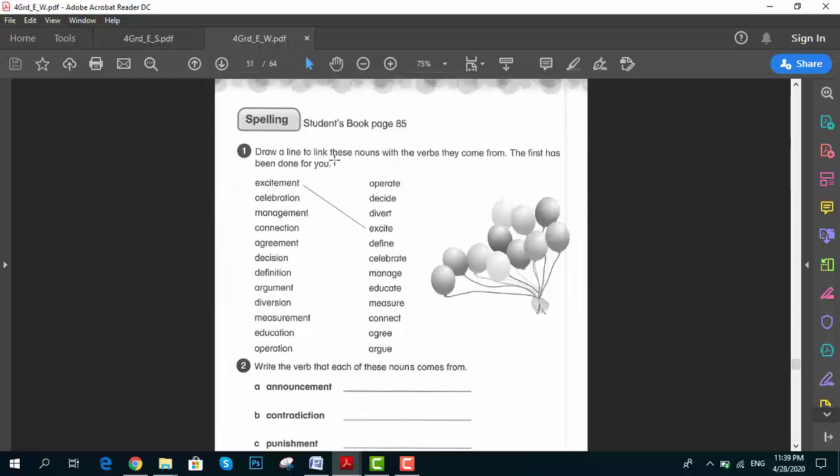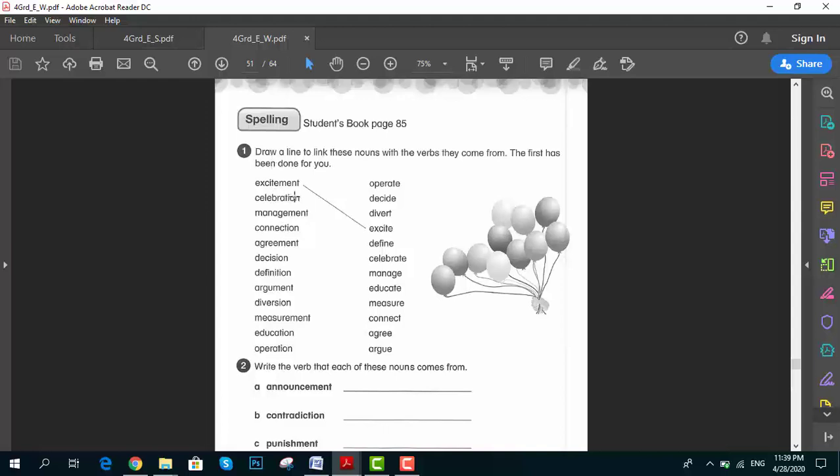This line is basically nouns, all of them are nouns, and this line is verbs. So we have nouns that came from an original verb. We should draw a line to link the noun with the verb that it comes from.